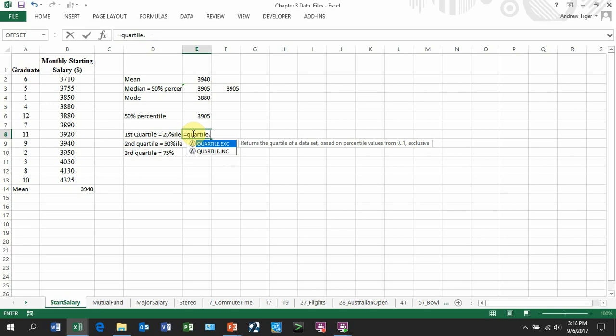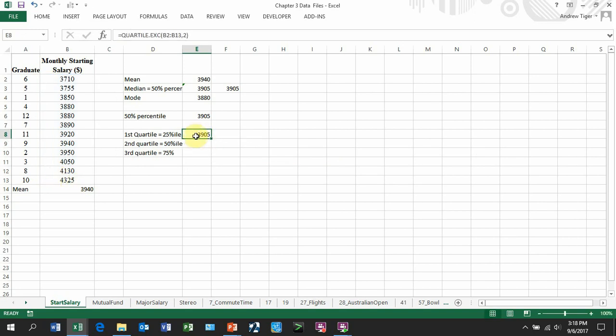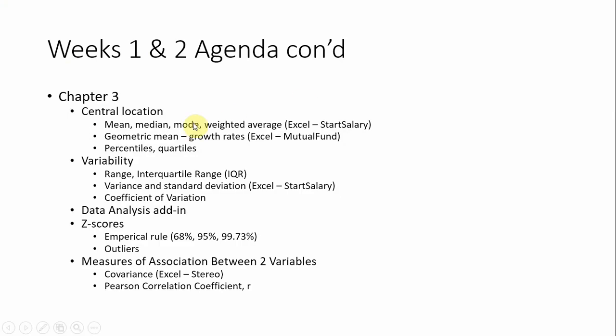So if I go QUARTILE of this data, and let's put in the second one. So that is the second quartile. I put in 2 as my argument. That's the second one, which is also equal to the 50th percentile, which is also equal to the median. Okay, so that covers the mean, median, and mode, and percentiles and quartiles.